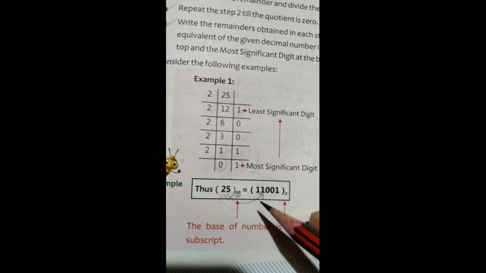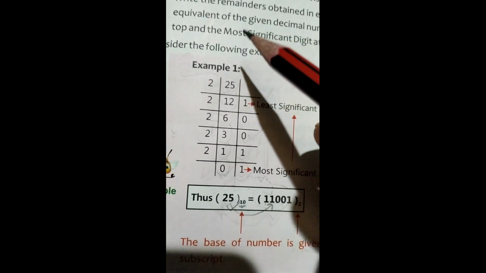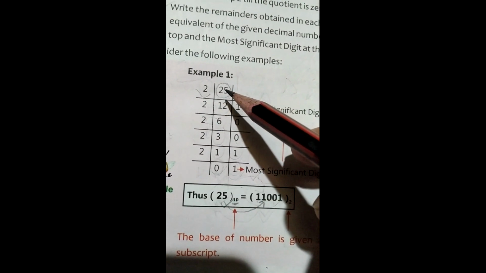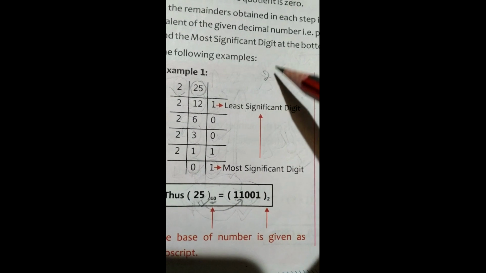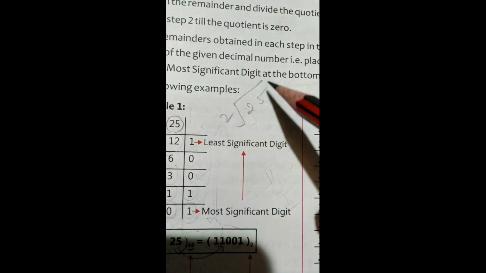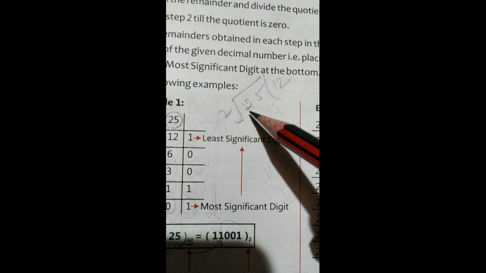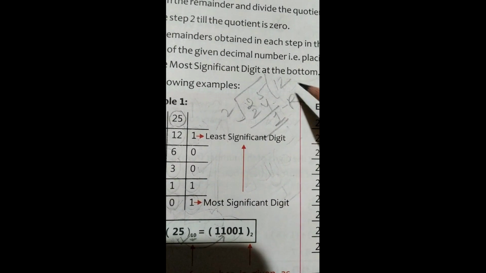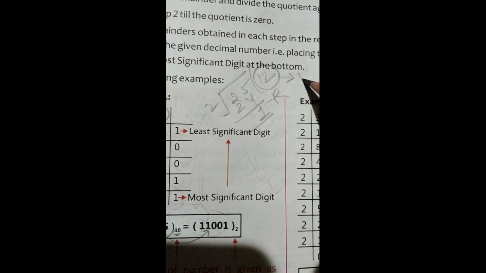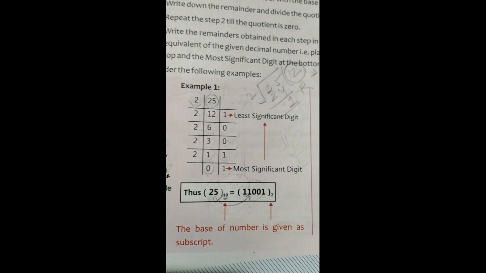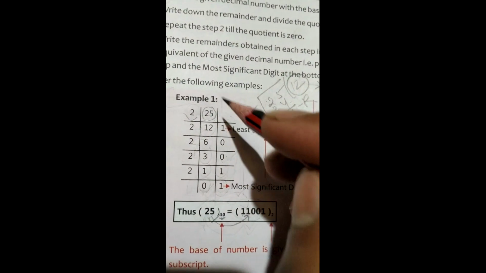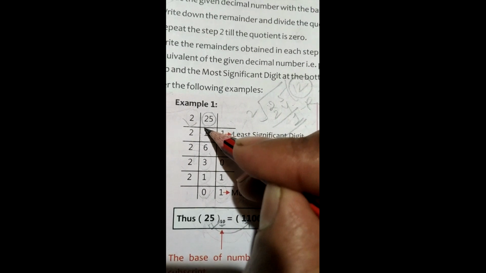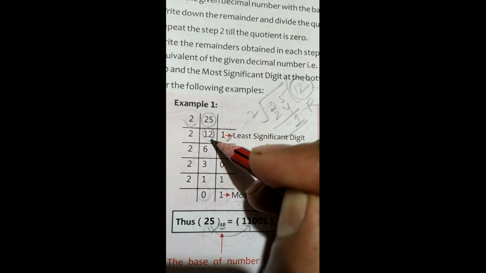The first step is to divide 25 by 2. 2 into 12 is 24, remainder 1. So 1 is the remainder and 12 is the quotient. The remainder is written on one side and the quotient on the other side.